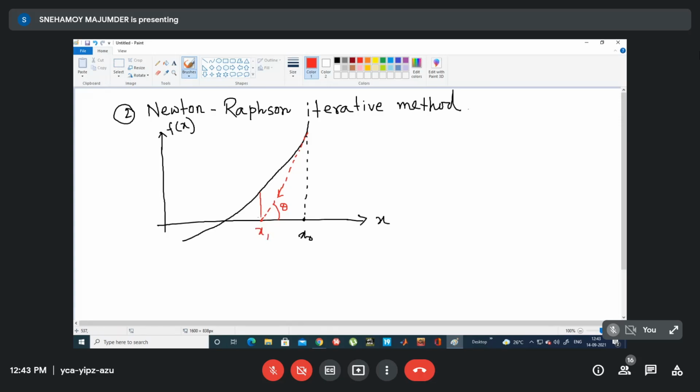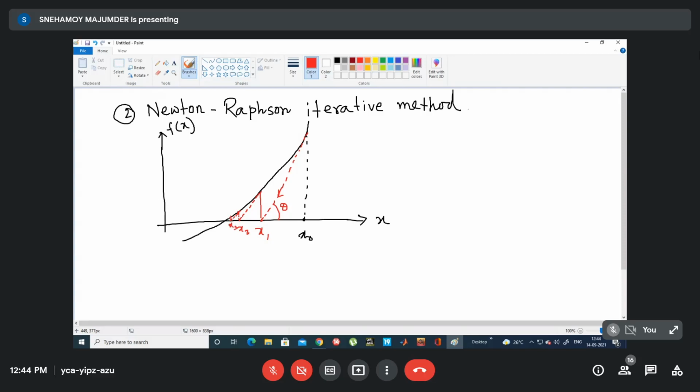So I come here. I see this is positive and f(x1) is very large. So I once again draw the tangent. And I get x2. And this is my f(x). Once again I come here and I get x3.